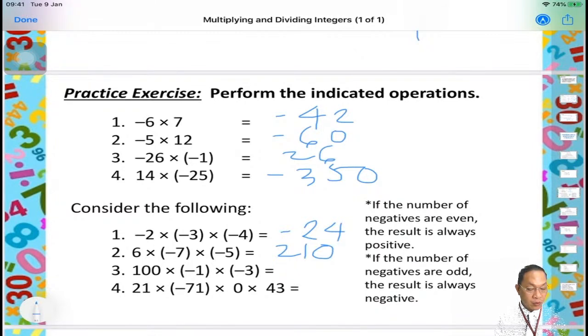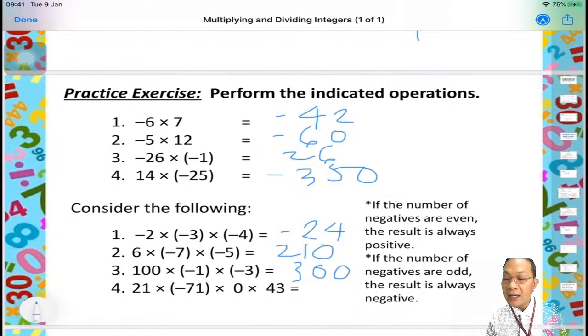Number 2 is 210. Number 3 of the second part is 100 times negative 1 times negative 3 is positive 300. Okay, positive 300, correct.